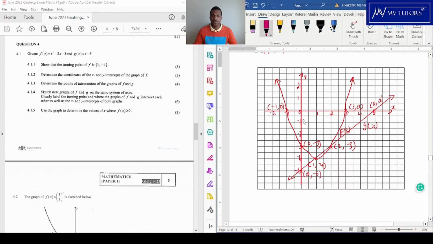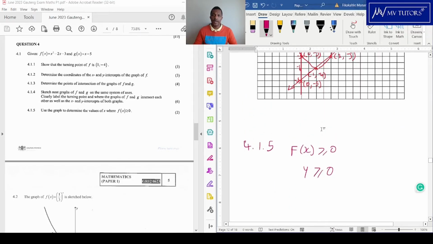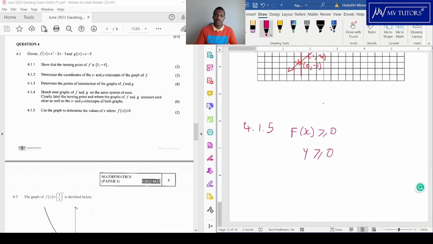Those are values of x, right? So in writing my answer, it will be where x is less than or equal to -1, and where x is greater than or equal to 0.